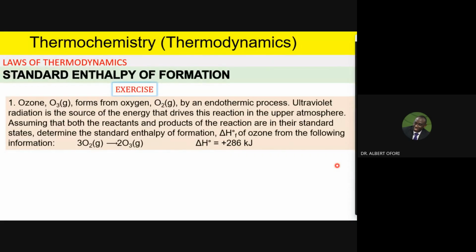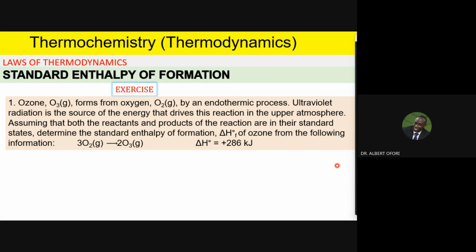Now consider this reaction. It says that ozone, which of course is in the gaseous form, decomposes to form oxygen. The reaction is an endothermic process, meaning the enthalpy change must be positive. The ultraviolet radiation is just preamble, we are not interested.